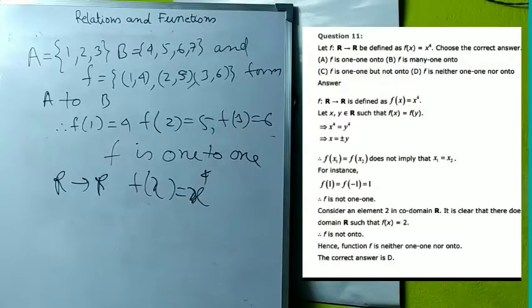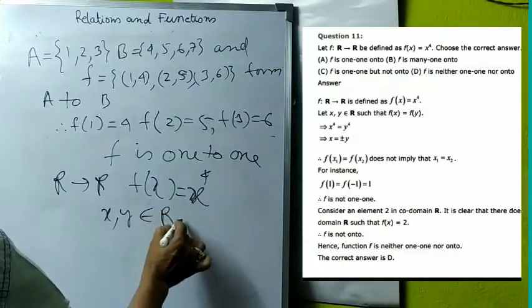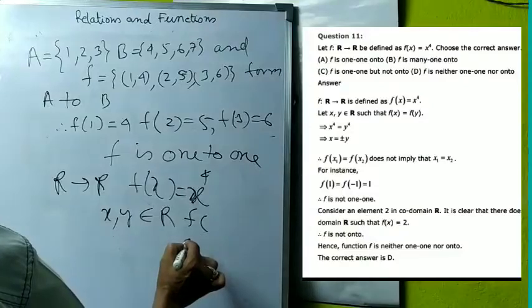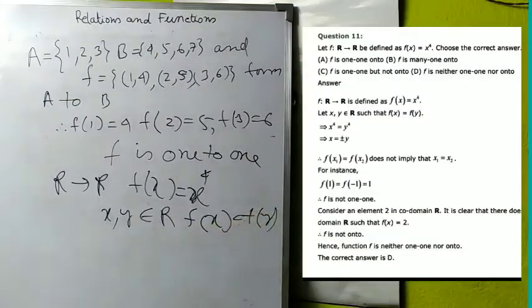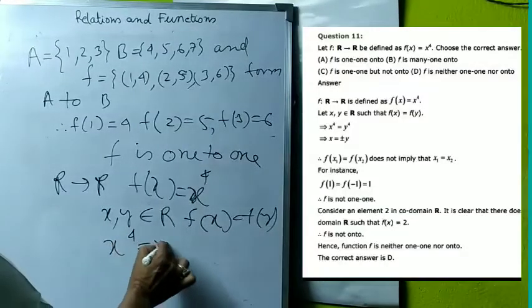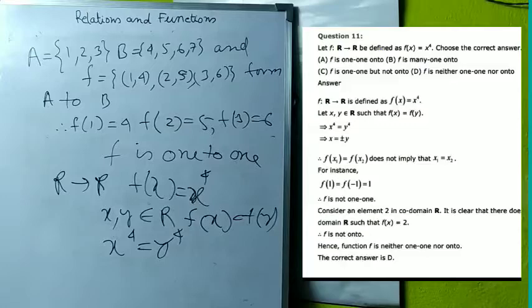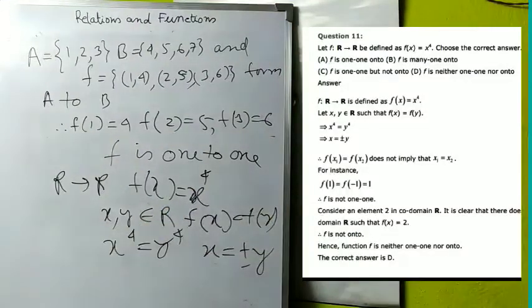Here we can say that x, y belong to R. So, we can say that f(x) equals f(y). That means x to the power 4 equals y to the power 4, which indicates that x equals plus or minus y.